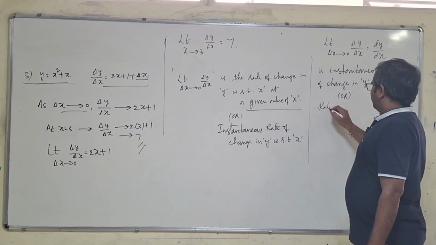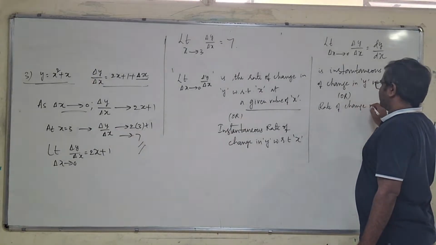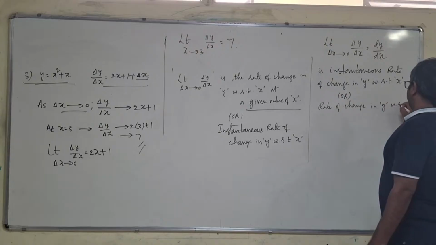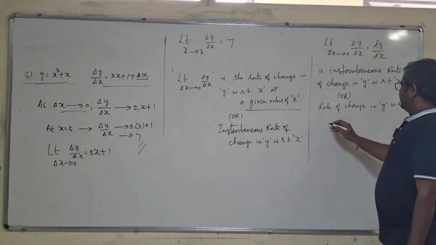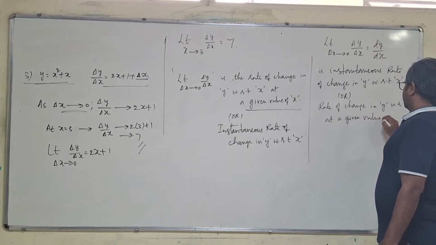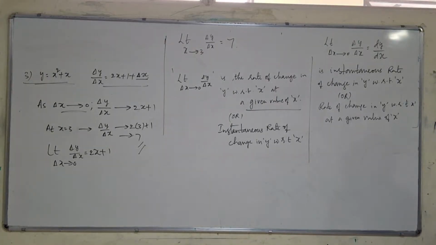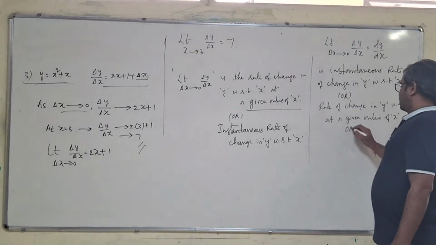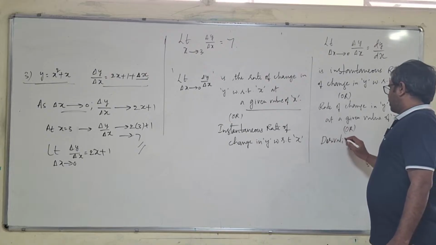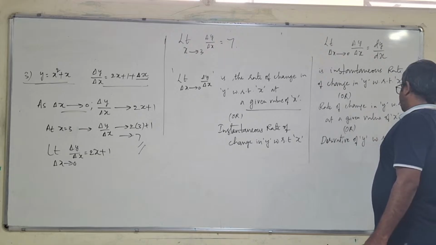Rate of change. I am writing it again. We wrote it anyway, but I am writing it again. Rate of change in y with respect to x at a given value of x, or mathematically speaking, this is also called derivative of y with respect to x.